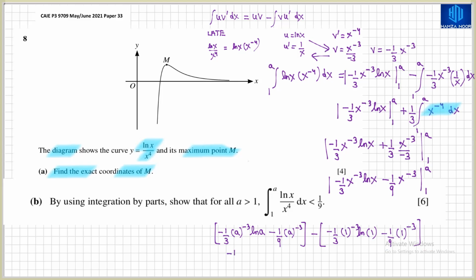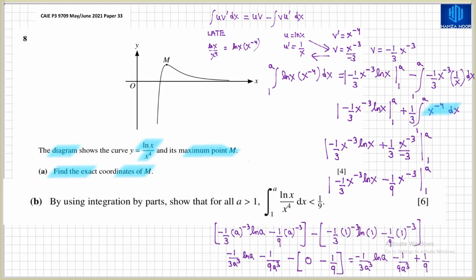So now this will be minus 1 over 3a cube multiplied by ln a minus 1 over 9a cube. Okay, and then minus sign, and since ln 1 is 0, this whole term becomes 0, and minus 1 over 9 over here. So what we are left with is minus 1 over 3a cube multiplied by ln a minus 1 over 9a cube plus 1 over 9.